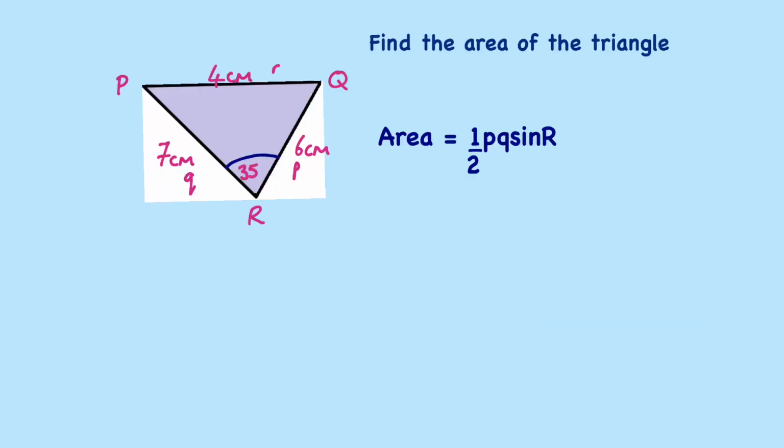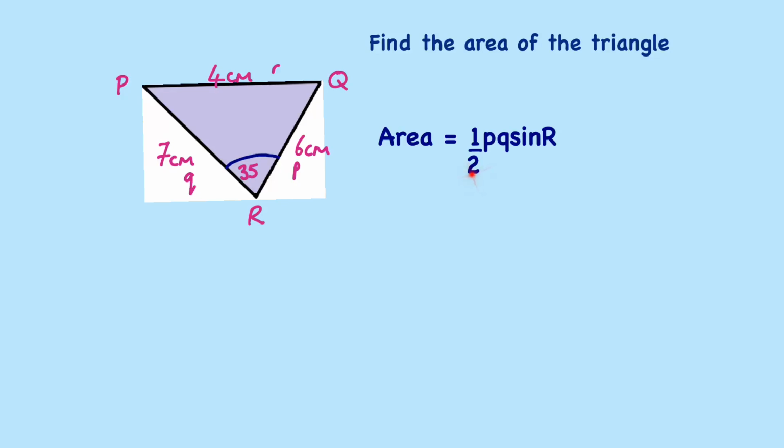So we have triangle PQR and we have to find the area of the triangle. So again, let's just check. We have two sides and an included angle. Now this side is kind of a red herring. We don't need it because we have two sides with the included angle.